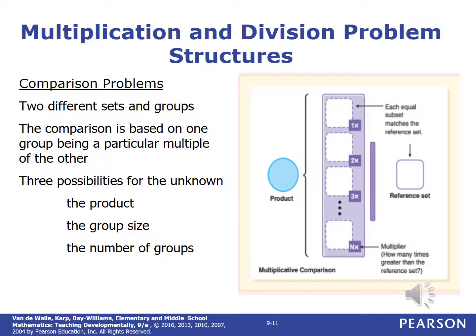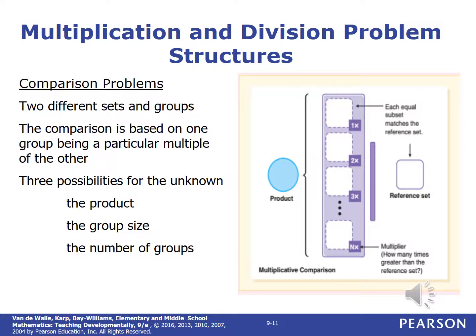With comparison problems, you're not necessarily looking at equal groups in a blatant way. Instead, the problem presents 2 groups whose sizes are being compared, for instance, and one is a multiple of the other. So the phrasing is different.